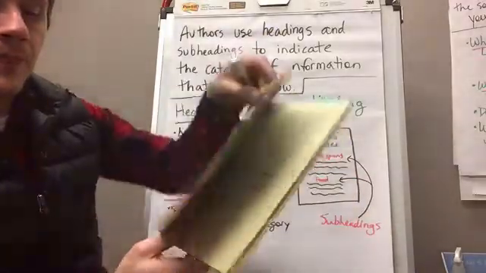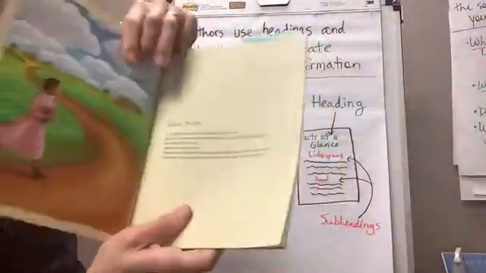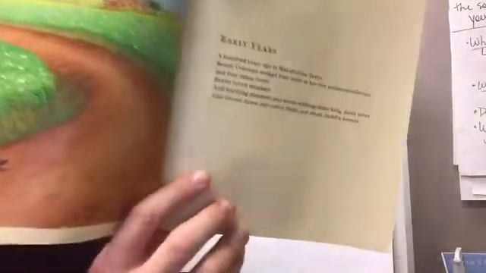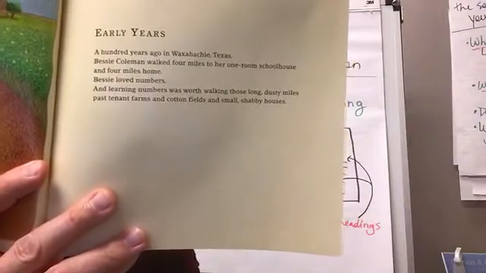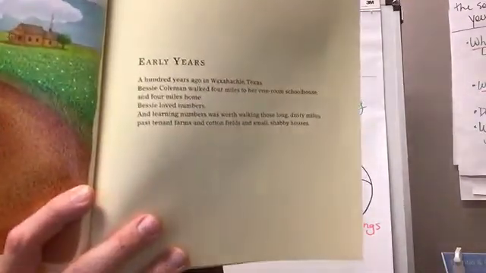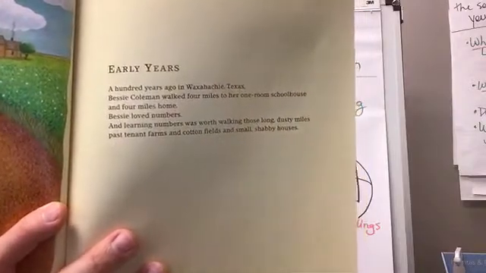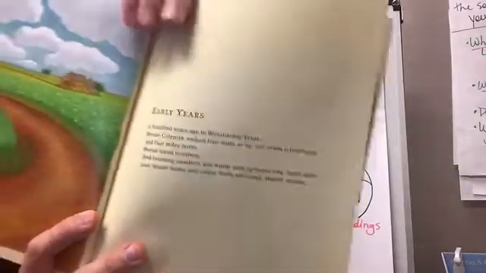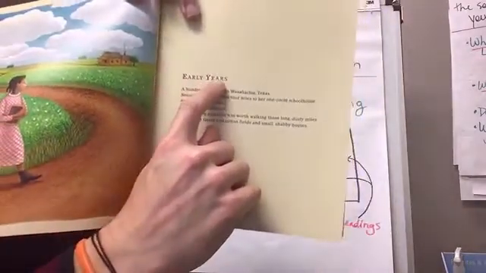All right, now I'm going to display here, what do you think the information on this part of the book will be about, and how do you know? As we see here, there is a heading called Early Years.